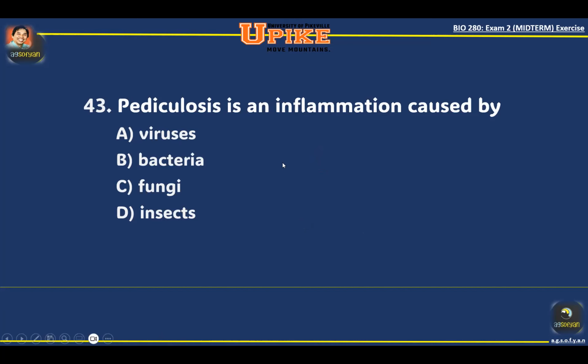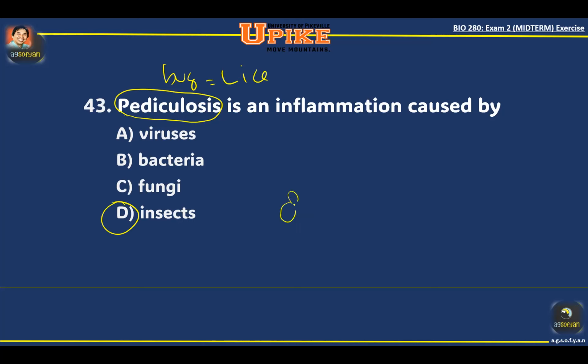Pediculosis is an inflammation caused by A, B, C, or D. So pediculosis, this is a bug. It usually lives on hair, so it's a lice. Lice is an animal, and the one that is an animal is insects over here.